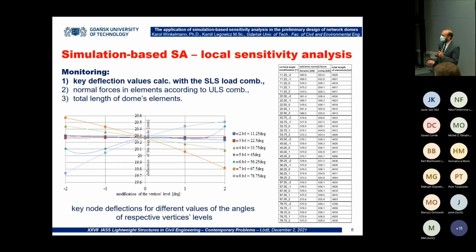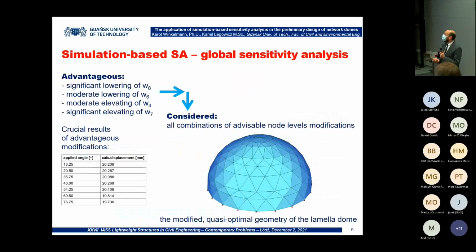And as you can see, some levels need to be dropped down and some levels need to be elevated. And this is an interesting remark.